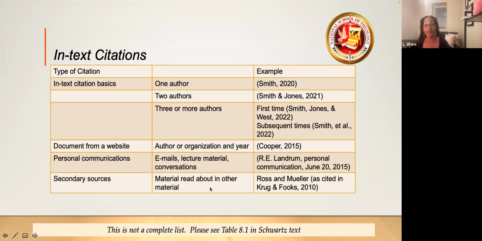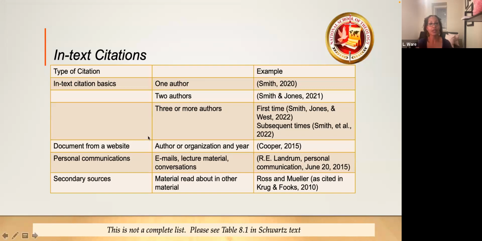Secondary sources. We talked about this last week. When we're talking about secondary sources, remember, these are sources that are mentioned from someone else's work. So if I read a paper written by Brown, and Brown's paper is referencing work by Smith, that's a secondary source.